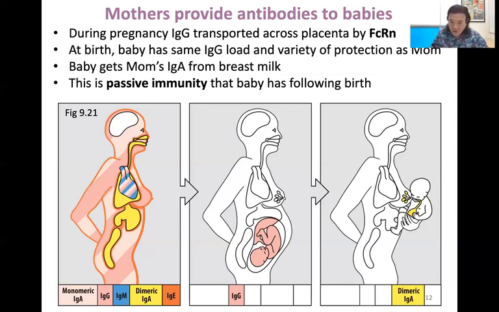After baby is born, dimeric IgA can be passed from mom to baby through the breast milk. So mom passes on IgG in utero and IgA during breastfeeding, right?